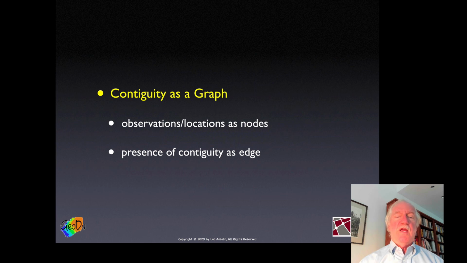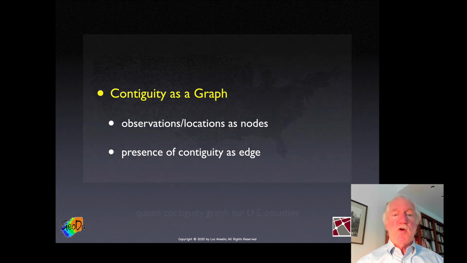And most importantly, and this is often extremely useful, as we've already seen, we can represent contiguity as a graph structure, as a network, where the observations are the nodes, and the presence of a common border of contiguity is an edge. And in our simple example with 6 observations, that was a nice, clean little graph. For the US, it's a little more complicated.